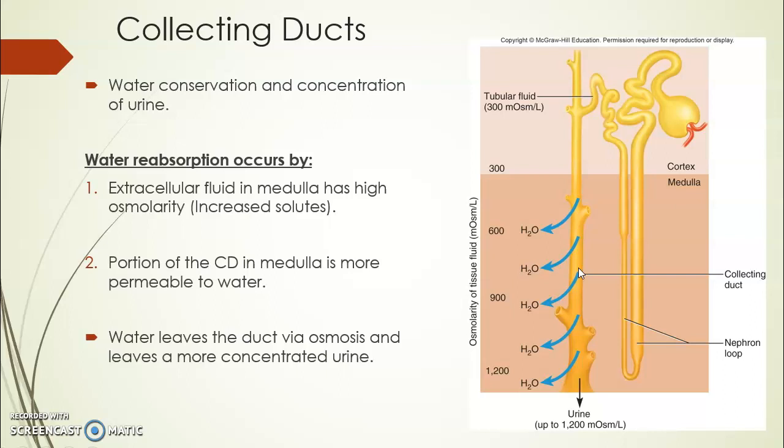However, if the body is not dehydrated and there is an excess of water that can be excreted, a good amount of water will be reabsorbed, but it will not reabsorb all of it, and the rest will be excreted through the urine, and that's where the color of the urine can be a little bit more clear or light yellow.